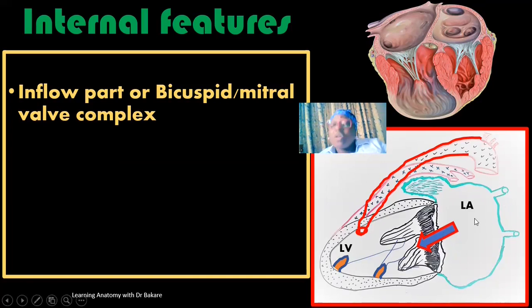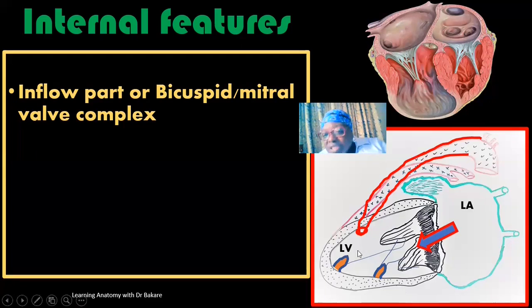Remember that oxygenated blood is delivered into the left atrium through the pulmonary vein, after which this oxygenated blood is then pushed into the left ventricle. So the region of the left ventricle that receives the blood that is oxygenated is the inflow region. This is also called the bicuspid or the mitral valve complex.